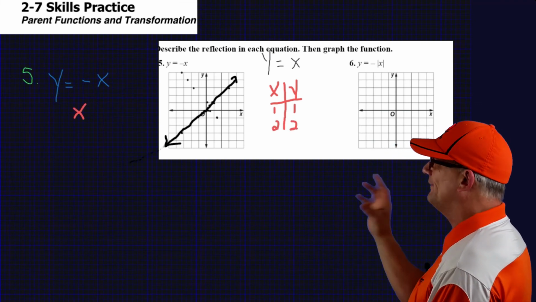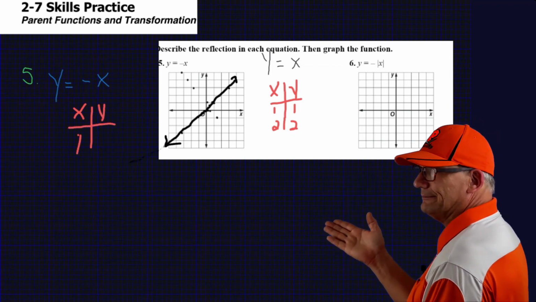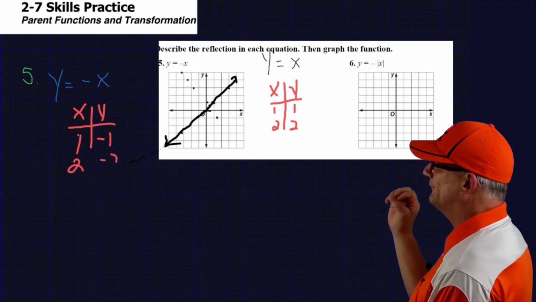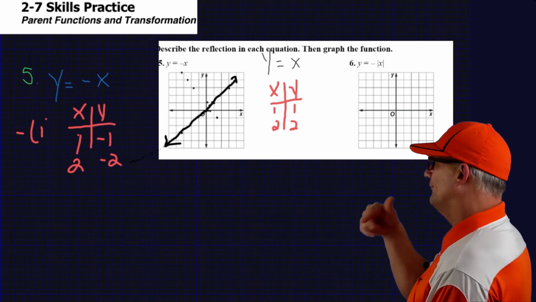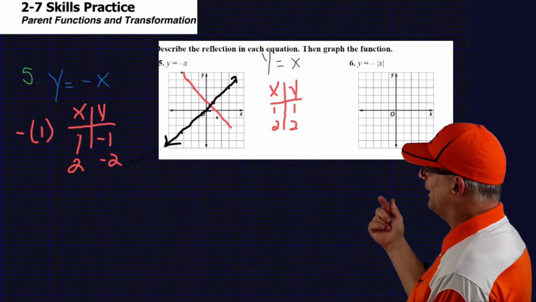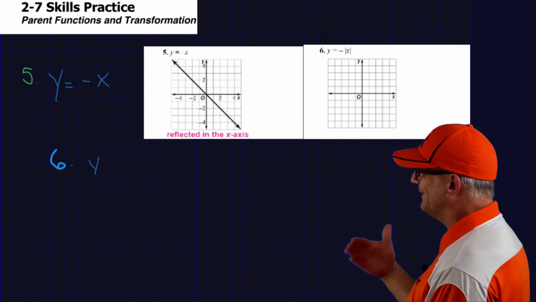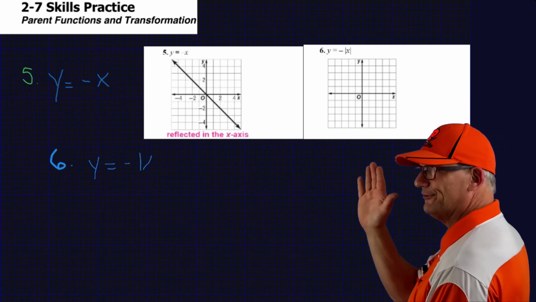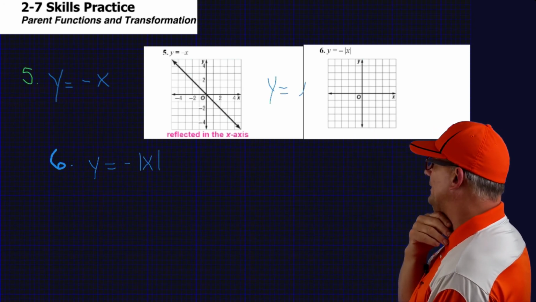So if I have 5 and I want its opposite, right? It would be -5. So when you see the negative in front of the variable, you're telling me whatever x is, y is going to be its opposite. So if x is 1, y is -1. If x is 2, y is -2. So we reflected that in the x-axis. That's all that does. The opposite of what it was, we flipped it, there it is. No table of values needed.